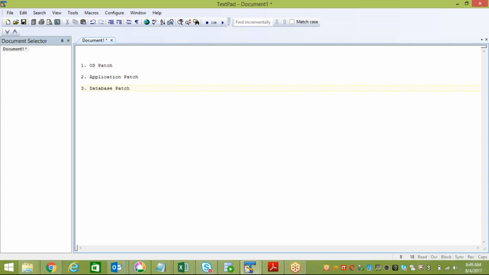For your entire e-business, at the top level you have three types of patches: operating system patch, application patch, and database patch.